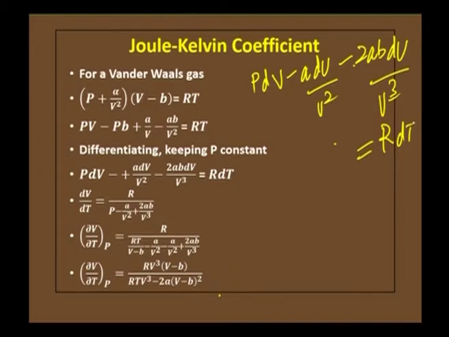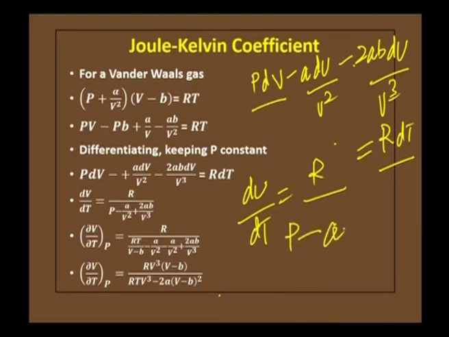So, dV by dT is equal to R divided by p minus a by V squared plus 2ab by V cube.